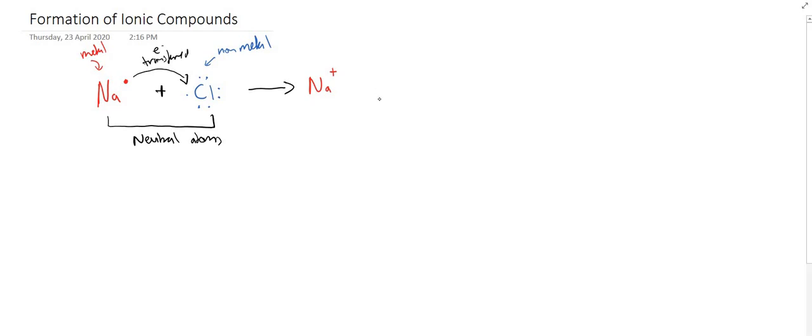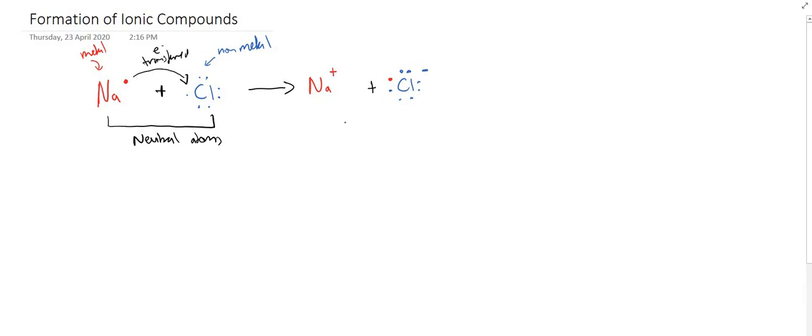And chlorine, having gained an extra electron, has his original ones, but he's also gained one electron from sodium. He's got one more electron than the protons in his nucleus. So he's got one extra electron than protons, so he's actually got a negative charge.